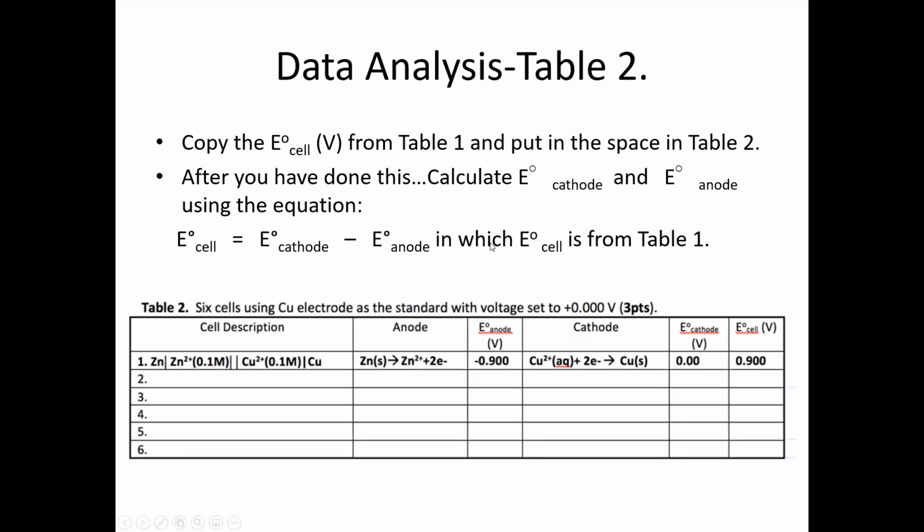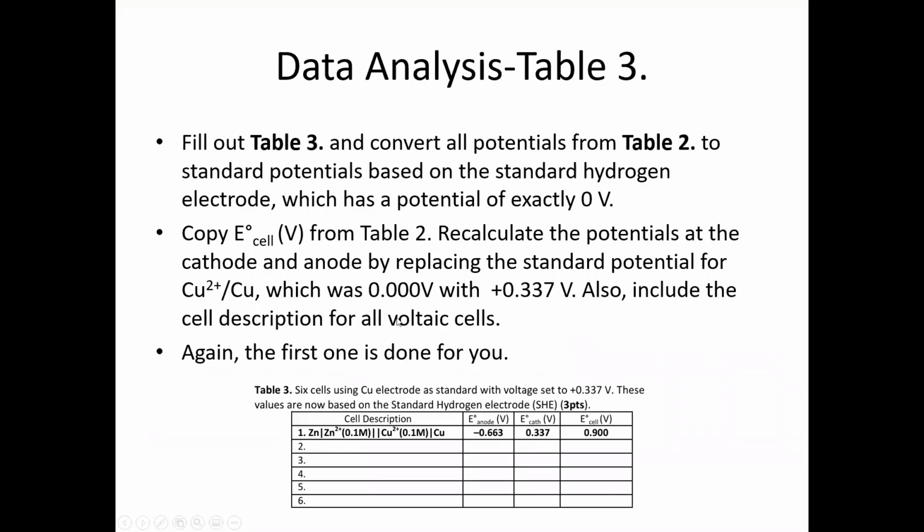So that's table 2. For table 3, we make a different assignment for the half cell potential. Now in table 3, we don't want to say copper is still 0. We want to use the standard hydrogen electrode as our reference, so the standard hydrogen electrode will be 0 in this case. When we use that as a reference, the copper electrode becomes 0.337.